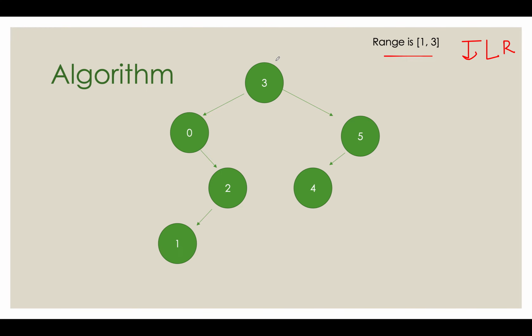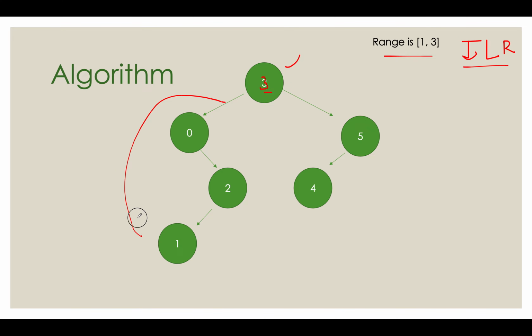So let's start. 3 is the root of the tree, and 3 is within the range. So we are pretty sure that this node will definitely be in our transformed tree. We will check whether this lies within this range or not. If it is within the range, we are pretty sure that it will stay in our transformed tree, and then we will move in the left direction.